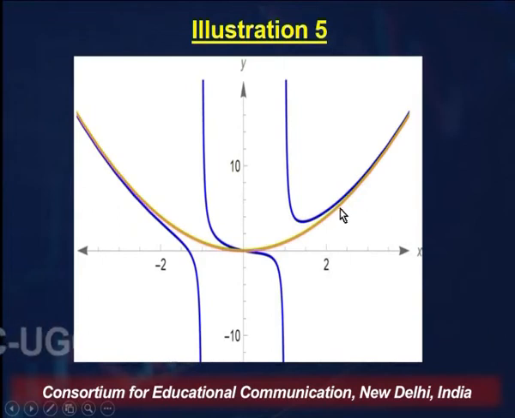And finally, I have this illustration for you where I have shown you an asymptote which is a curve. If you look at this graph here, this curve in yellow, which is actually y is equal to x squared, is acting like an asymptote. You can apply the same definition, that the graph comes arbitrarily close to the curve.